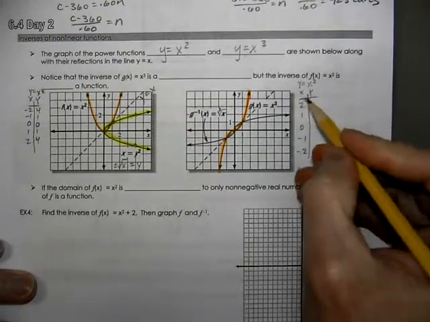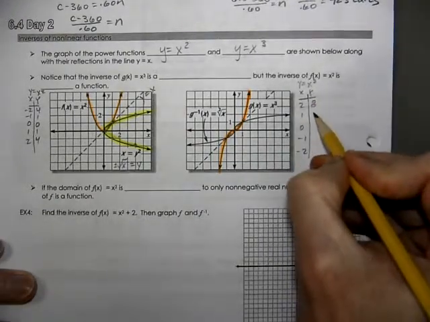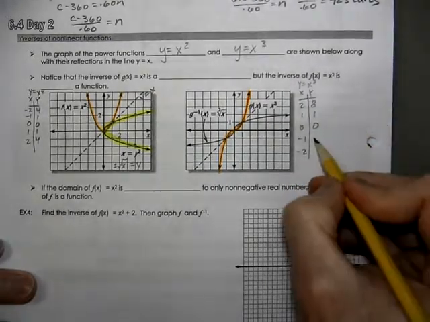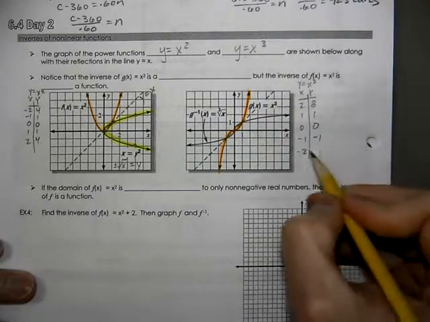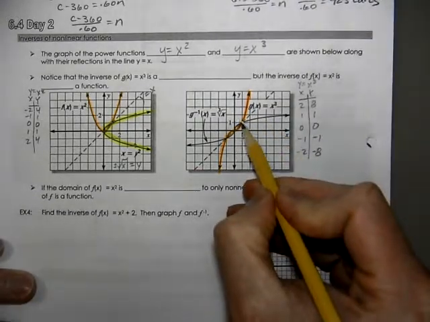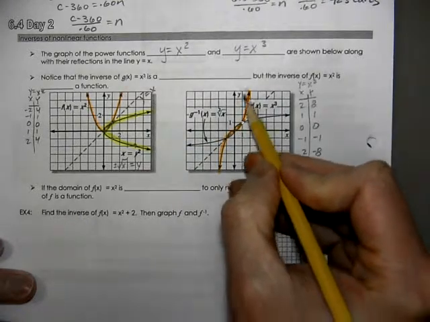So when you plug it into your equation, we get 8. 1 times 1 times 1 is 1. 0, 0, 0 is just 0. -1 and -8. So if you notice, those along the way are right on our graph.